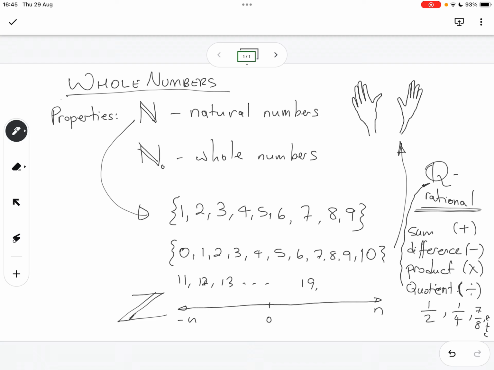Now, it's important to note that a quotient, or rather a rational number, is a number that can be expressed as a quotient or a fraction of two integers. Integers being those numbers that can be negative or positive, right? And the one at the bottom, the denominator, must not equal 0, all right?